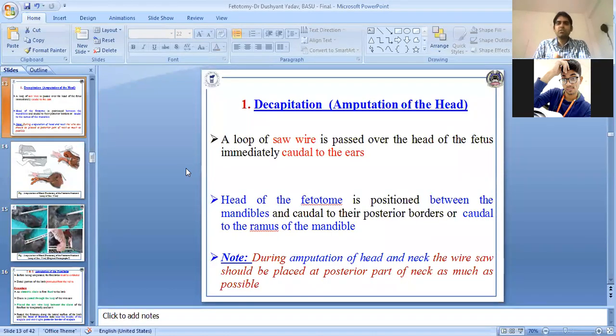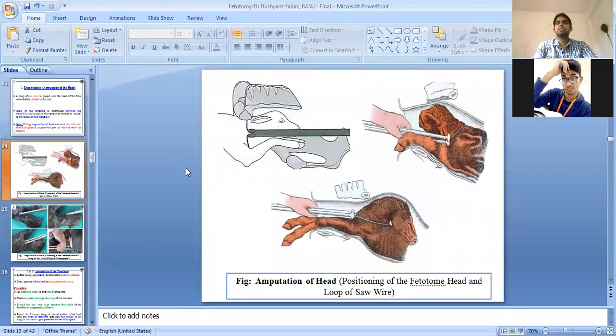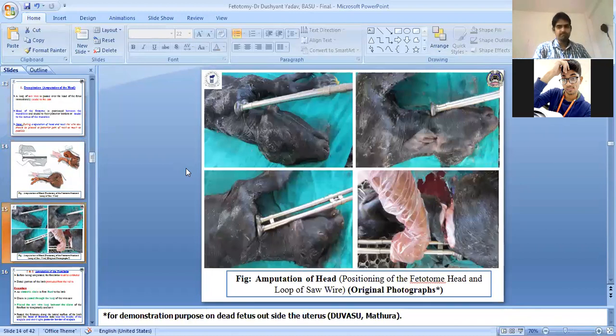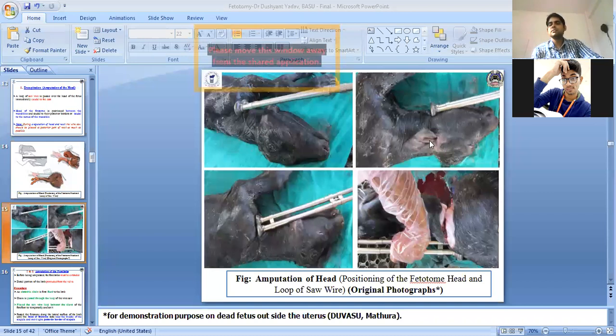The head of the fetotome is positioned between the mandibles and caudal to their posterior border, or caudal to the ramus of the mandibles. Just see in this figure. The head of the fetotome here is just at the caudal border of the ramus. And where is the wire position?